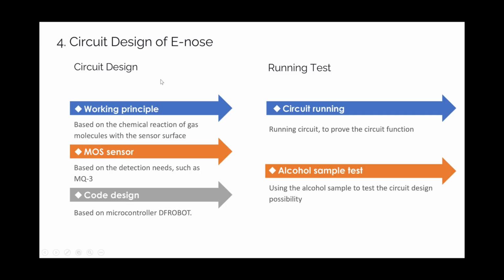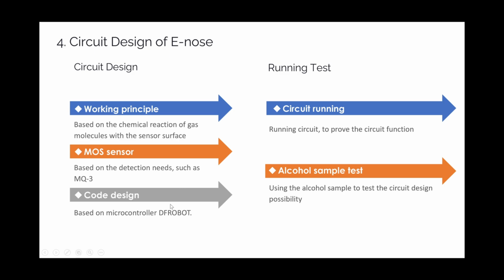Here's our design process. First, we select suitable circuit components based on the working principles of the electronic nose. Then, we choose the appropriate sensor according to the specific testing requirements, such as MQ3 sensors for alcohol detection.